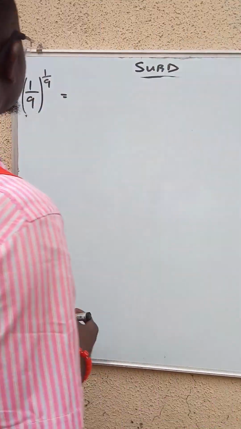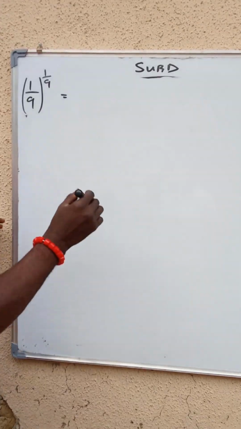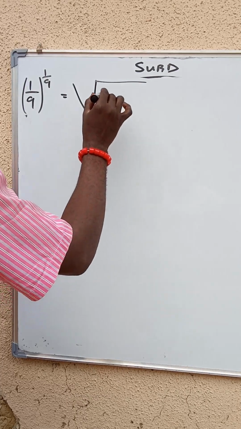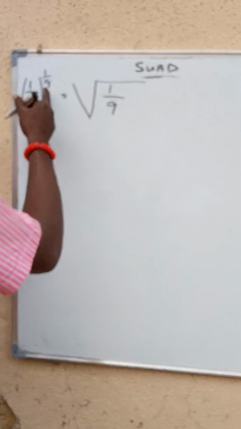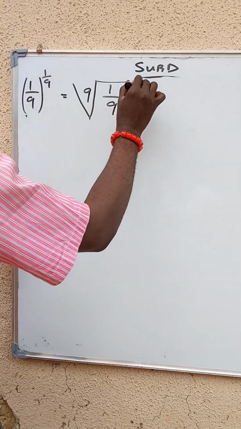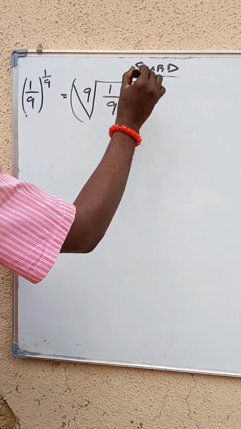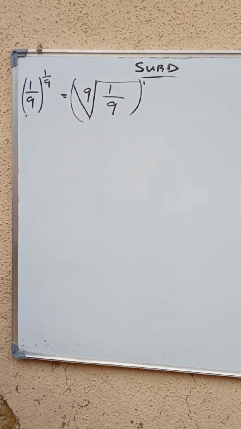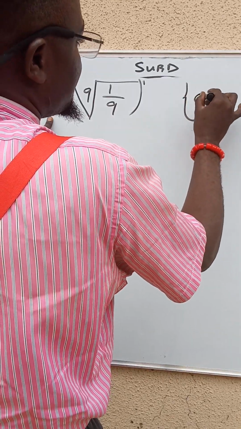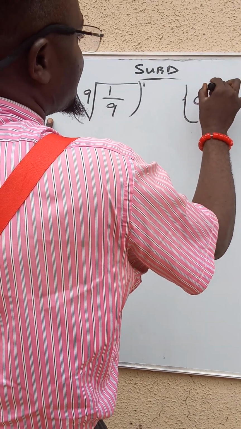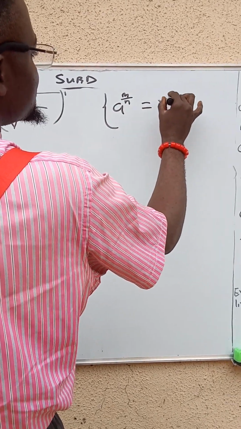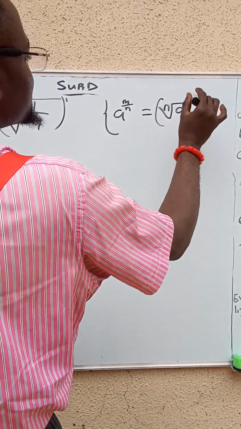We're given like this. Now, what do we do? It's as simple as ABC. We say that it's like this, 1 over 9. The down one will serve as the root, or raised to the power of what? 1. Do you know why? We say that if you have a raised to the power of m over n, it will give me the nth root of a raised to the power of what?